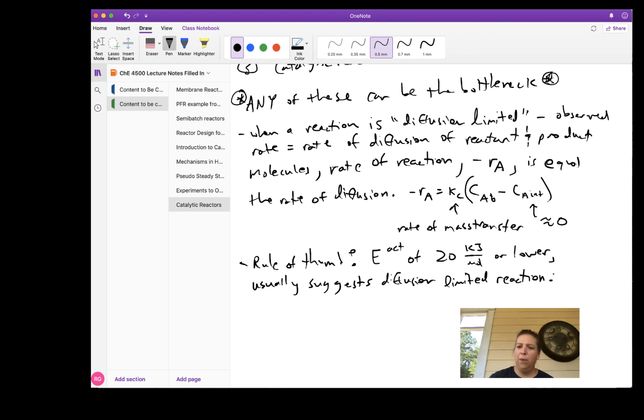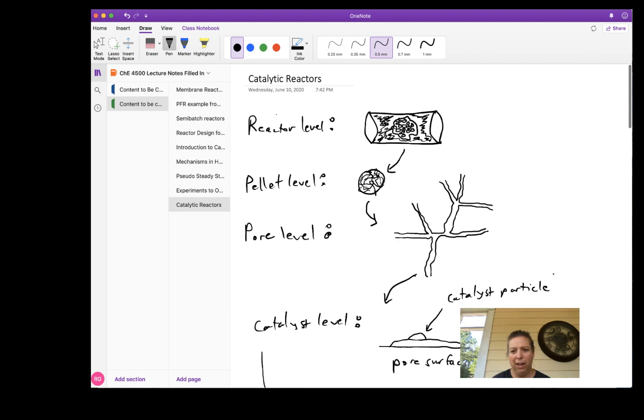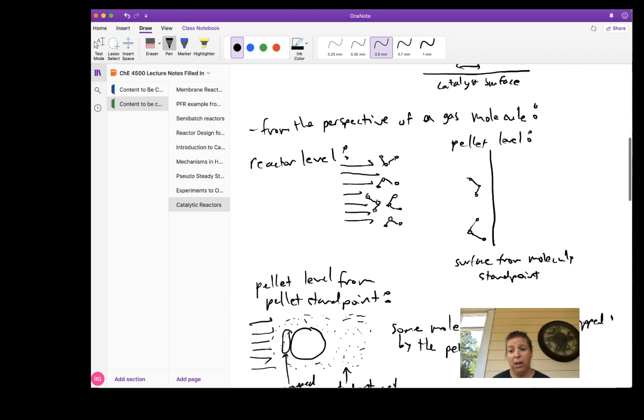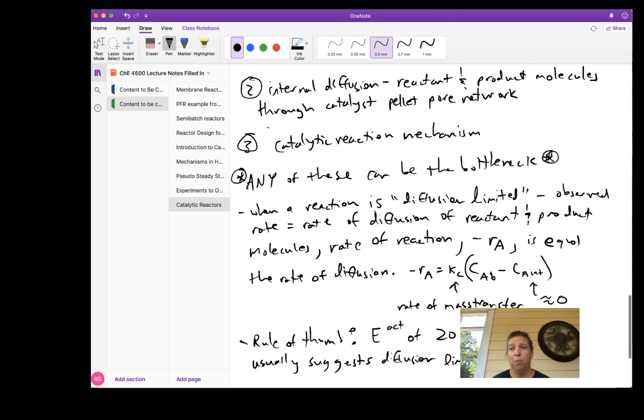So that's all I wanted to say about this lecture. Basically, there's a lot of processes that a molecule has to go through in order to react in a catalytic reactor. There's a lot of places along the way where that molecule could be held up. When we do reactor design, we have to be cognizant of that. Which process along the way is truly the bottleneck? If it is the surface reaction, we spent 2 lectures thinking about how to address that.